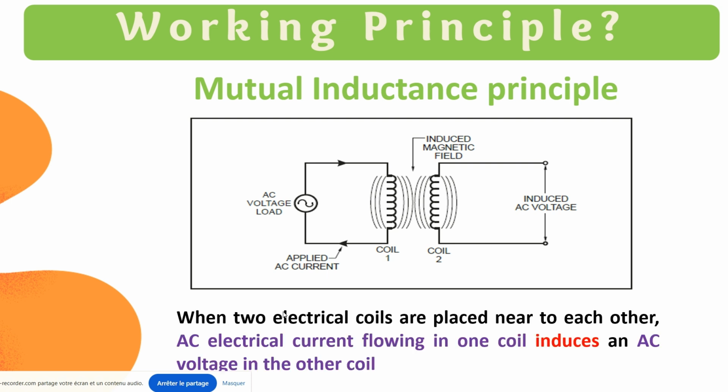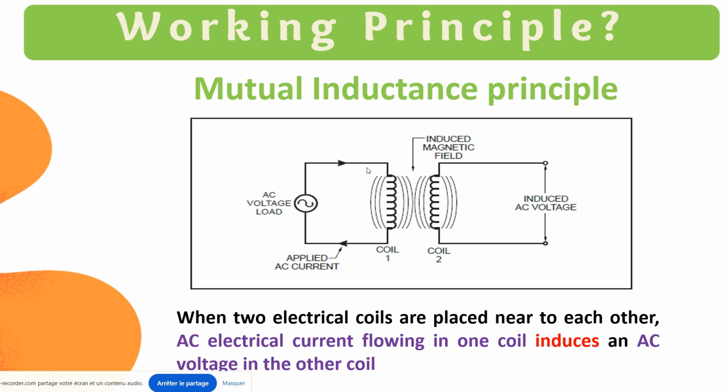What does mutual induction state? It states that when two electrical coils are placed near to each other, AC electrical current flowing in one coil will induce an AC voltage in the other coil.